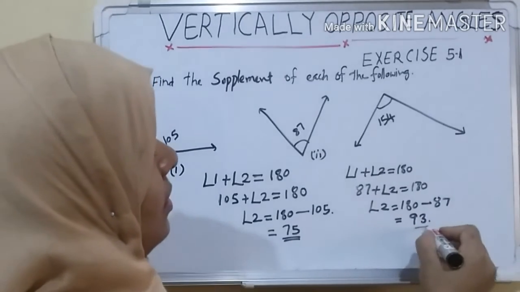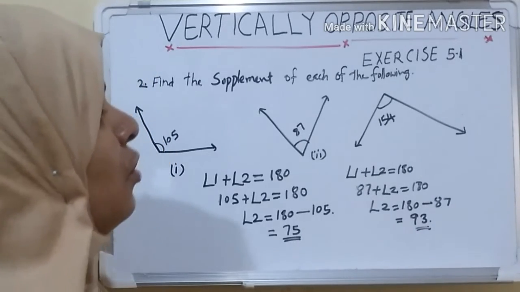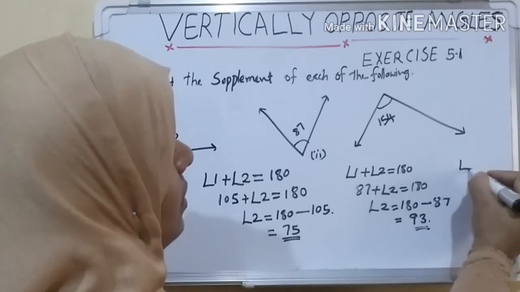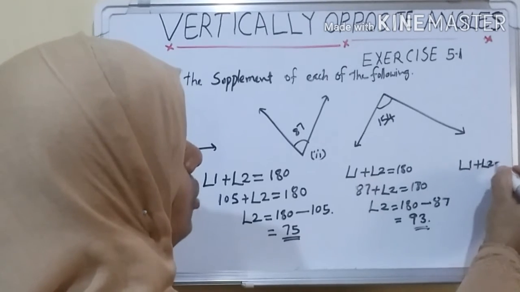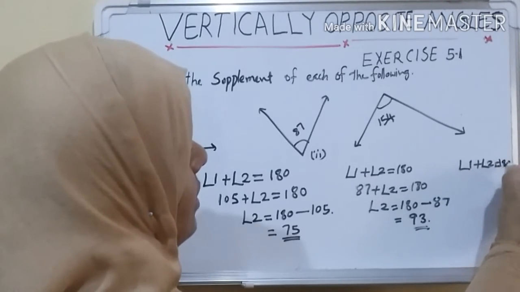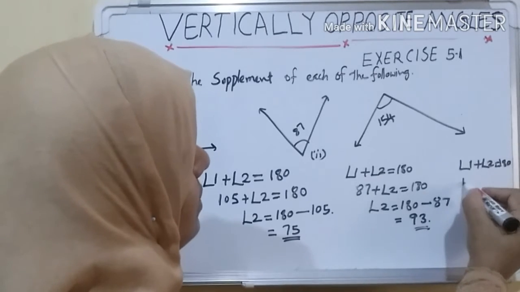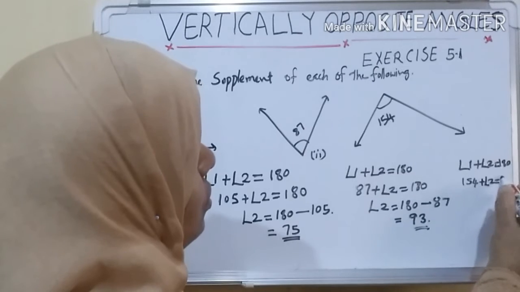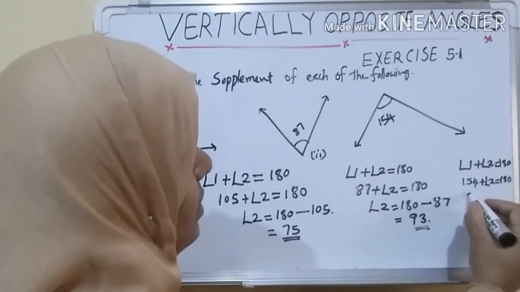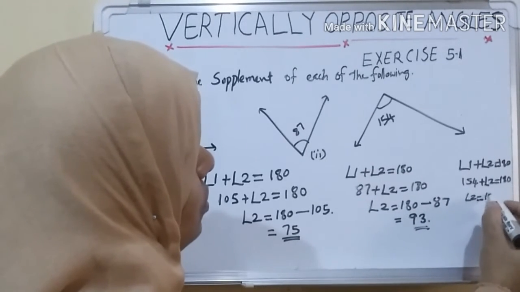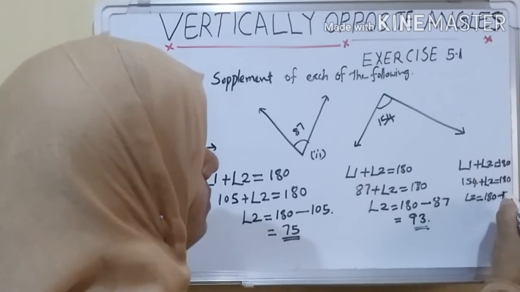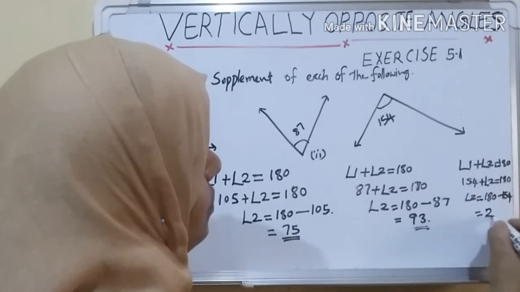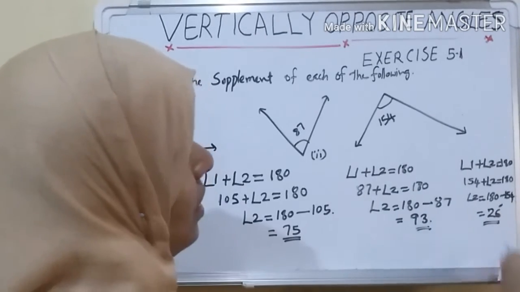Then the third one, 154. So angle 1 plus angle 2 equals 180. Angle 1 is 154 plus angle 2 equals 180. So angle 2 equals 180 minus 154, that is equal to 26 degrees.